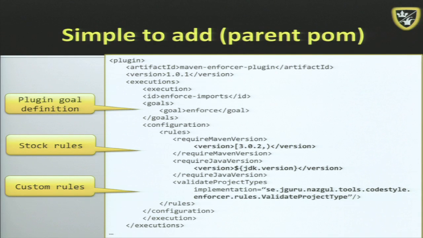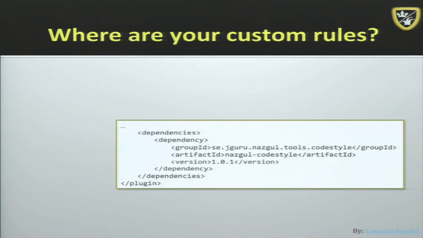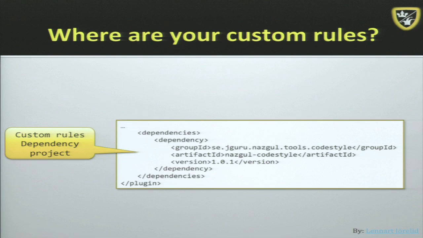So for each of those, you need to enter a custom rule, and I'll show you shortly how that's done. It's not difficult. And then, since your custom rules are classes, they have to be implemented somewhere, and you have to, therefore, introduce a dependency to the Codestyle project, where you actually define them all.